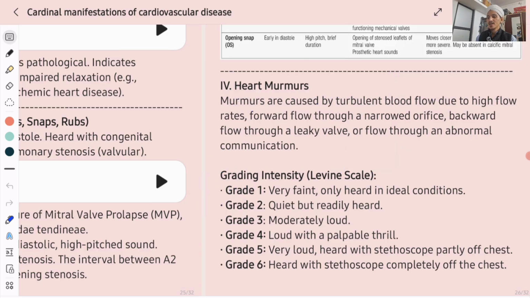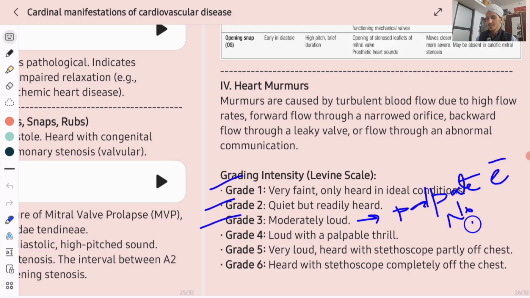There is a scale called the Levine scale to grade the intensity of a murmur. Grade 1 is a very faint murmur, only heard in ideal conditions. Grade 2 is a quiet murmur but readily heard. Grade 3 is moderately loud, and you can palpate this murmur, but there will be no thrill.